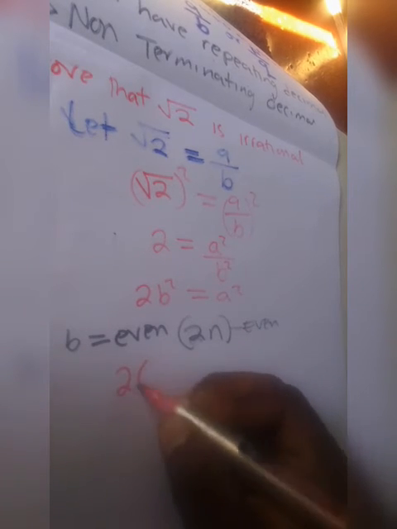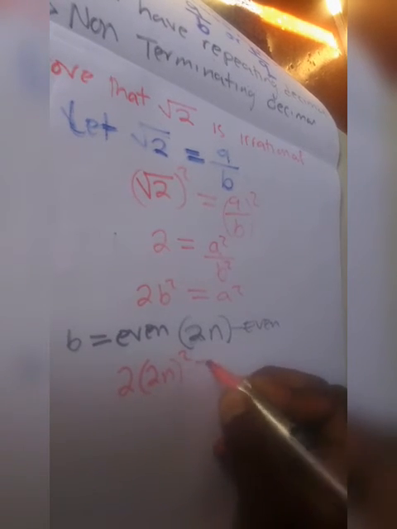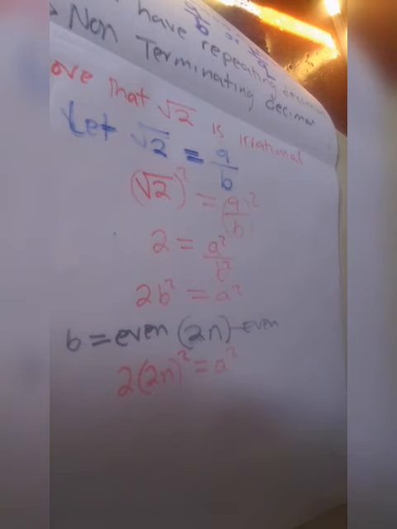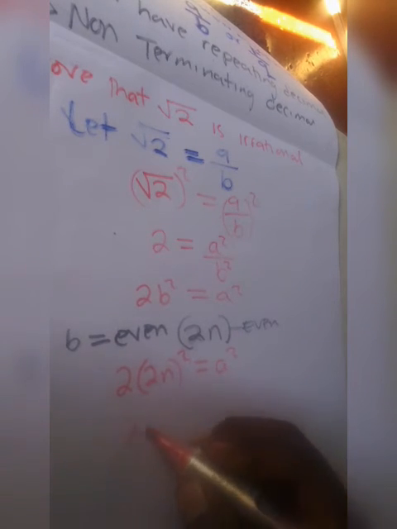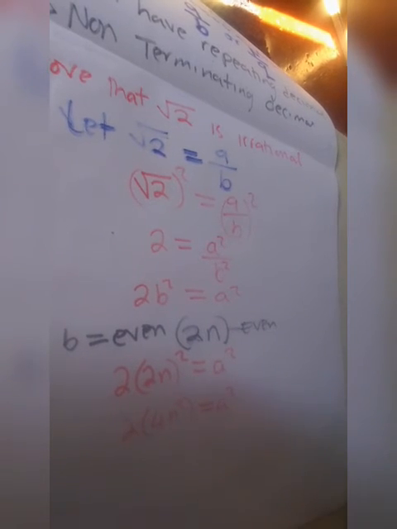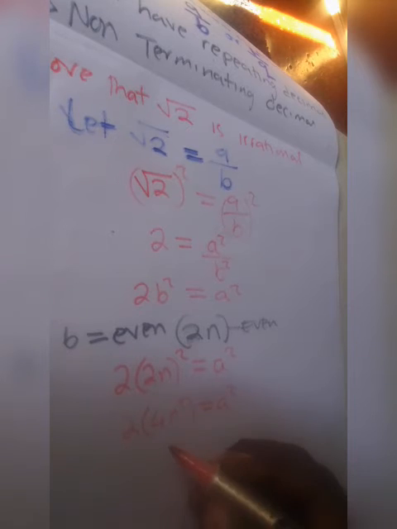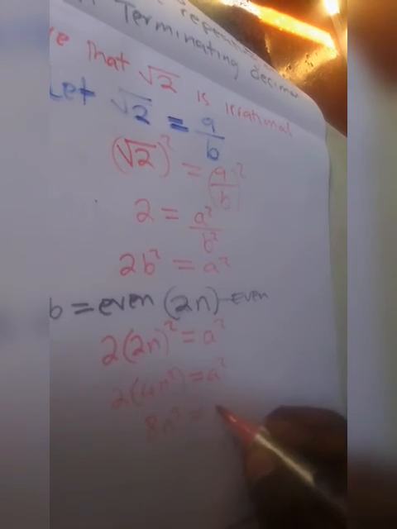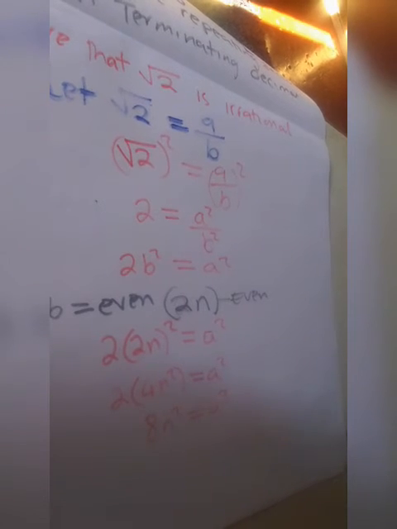So you can say 2n squared is equal to A squared. If we work out this one, we're going to have 4n squared is equal to A squared. Then this will be 8n squared is equal to A squared, like this.